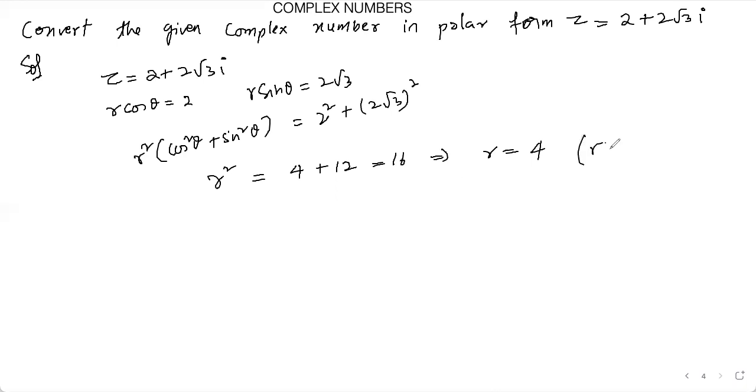So you get r as 4, again considering r greater than 0. Then 4 cos theta is 2, and 4 sin theta is 2 root 3. So we get cos theta as 1 by 2 and sin theta as root 3 by 2.